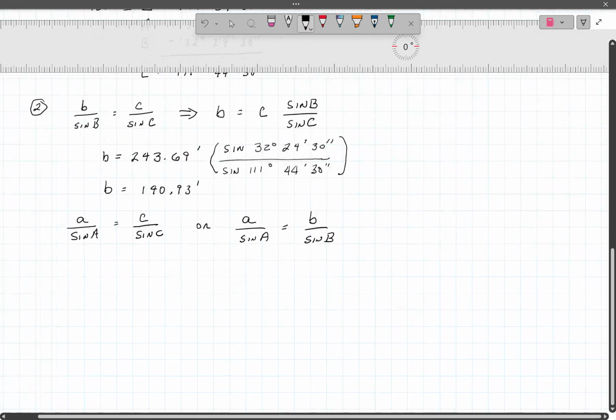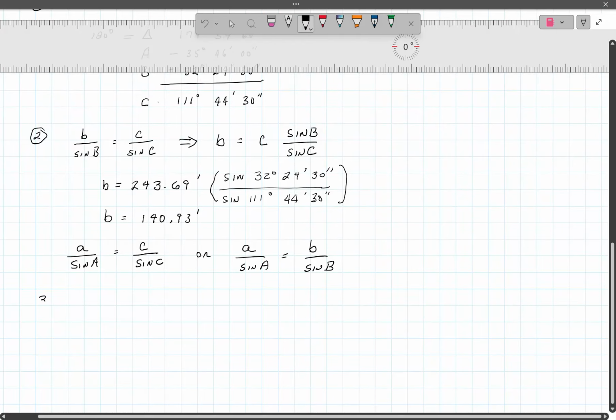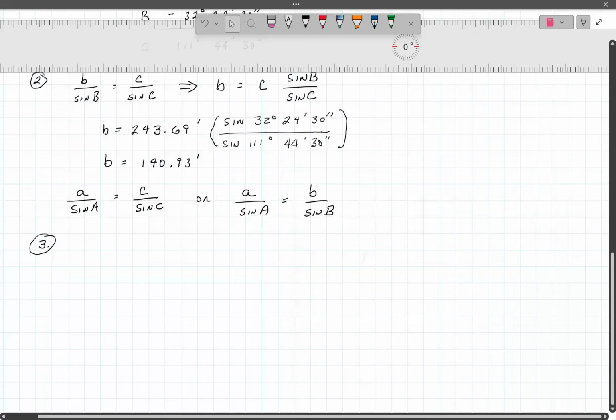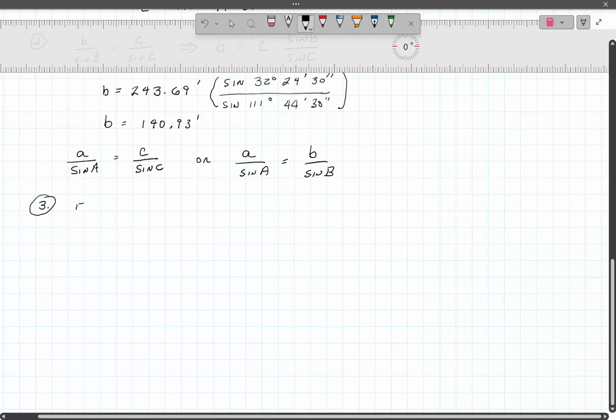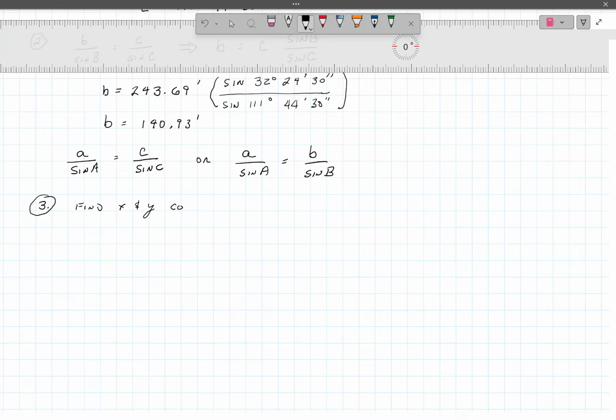But really what we're after right now is step 3 for this problem: find X and Y coordinates for the buoy's location.